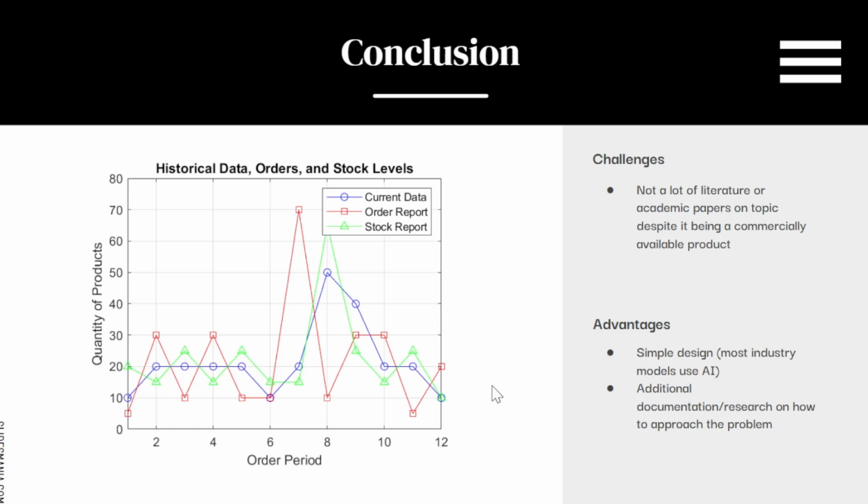But we still feel that making a simple design was pretty advantageous because we're able to look at it from a very simple perspective, try to figure out what's going on, and have a deeper understanding compared to what an industry model would use for their versions, which most utilize some sort of AI. And we feel that by working on this, we created additional documentation or research on how to approach this problem of demand forecasting and how other people in the future should try to approach it.